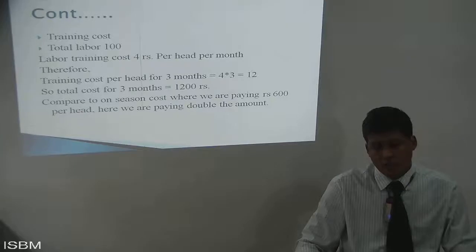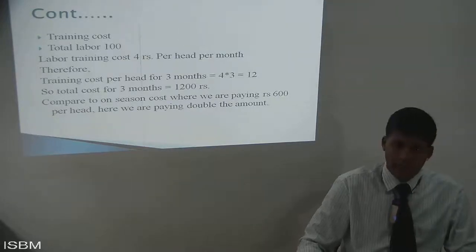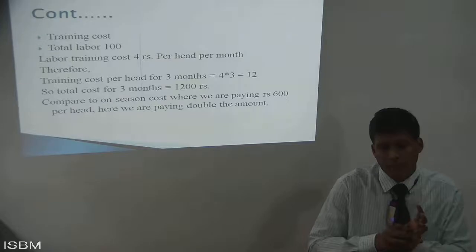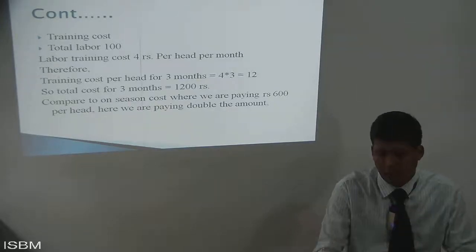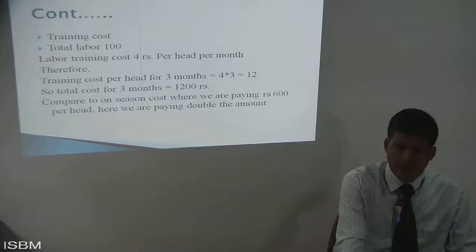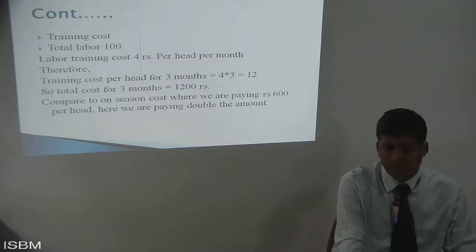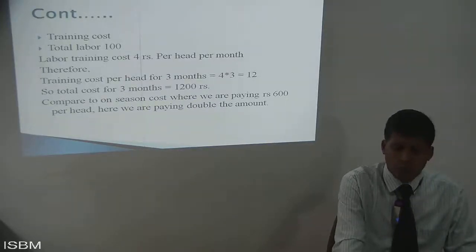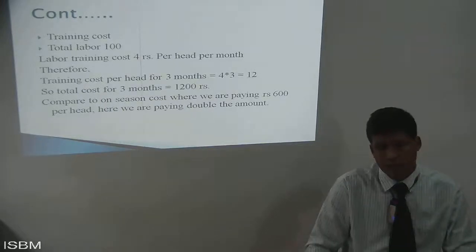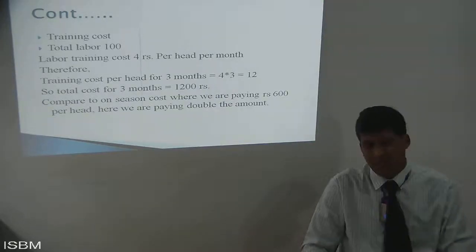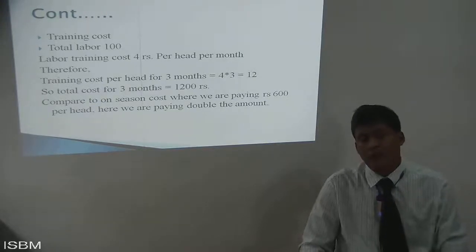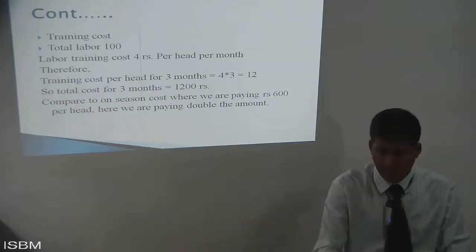There's a training cost: with a total labor of 100, the labor training cost is 4 rupees per head per month, and therefore the training cost per head for 3 months would be 12, amounting to a total cost for 3 months of 1200 rupees. Compared to the on-season cost where we are paying 600 per head, we are now paying double the amount. So these are pure mathematical calculations. We are looking at the cost-benefit ratio analysis as well.